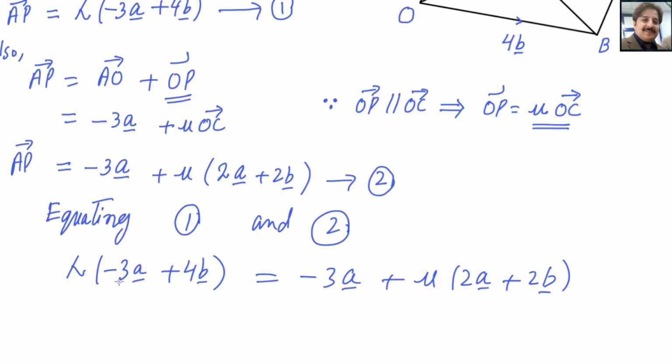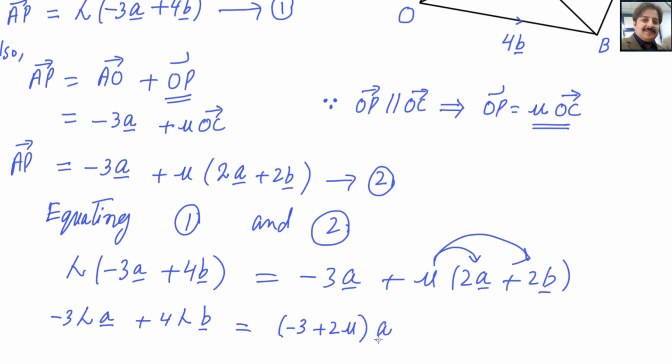Multiply lambda inside the bracket, we get minus 3 lambda A plus 4 lambda B is equal to, we multiply mu by 2A and 2B, so we get 2 mu and here minus 3, and vector A is common. So you can write minus 3 plus 2 mu, vector A, plus 2 mu vector B.